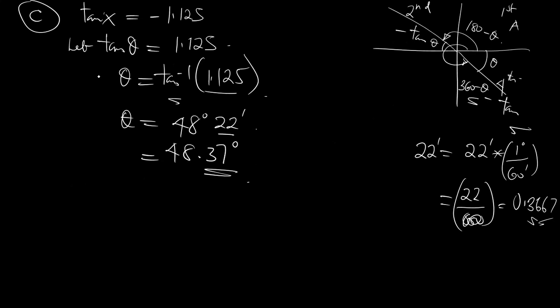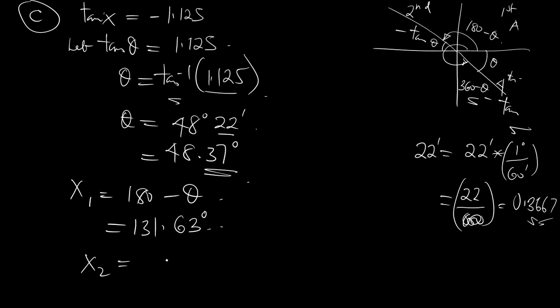Now, where tan is negative, the first one is at the second quadrant, which is 180 minus theta. So 180 minus 48.37 will give us roughly 131.63 degrees. Then the second one should be at the fourth quadrant.